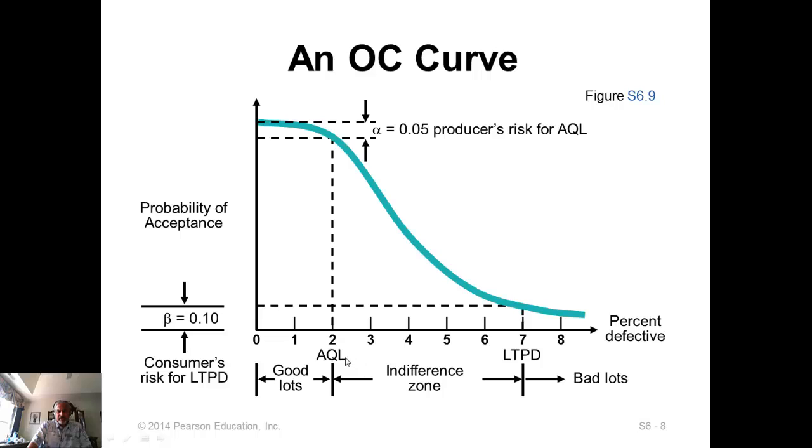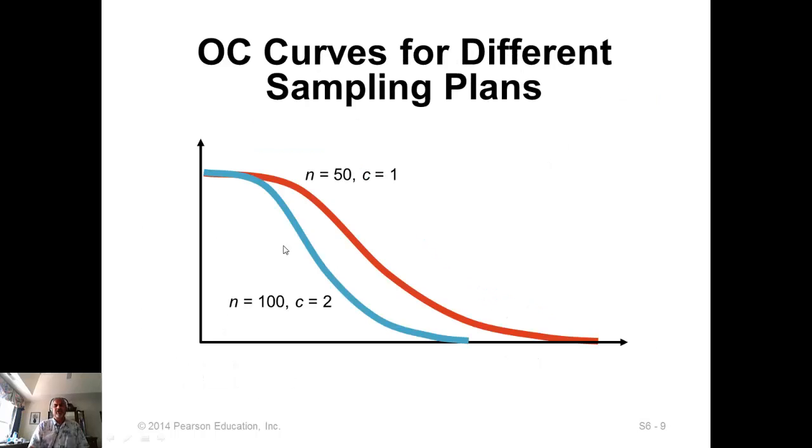Now, based on the agreed upon numbers for AQL and producer's risk and LTPD and consumer's risk, you want to find a value for N and C, the sampling plan, whose OC curve will pass through these 2 points. Then you have a good sampling plan that is acceptable to both the consumer and the producer. So that's the task. Here, if N increases, if you increase the sample size, then the probability of accepting the lot will go down. If you increase C, the probability of accepting the lot will go up.